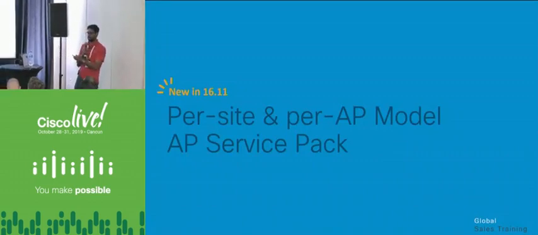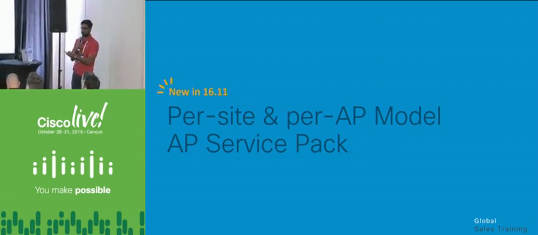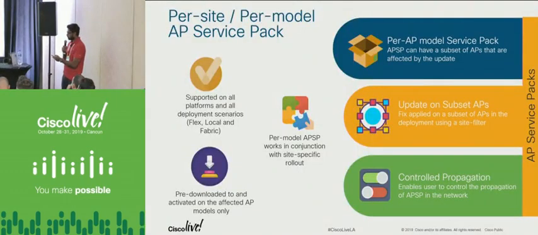So on 16.11, we introduced something called per site per AP model AP service pack. What is that? Now you can focus your upgrade, and not always do all the bug fixes apply to every access point.